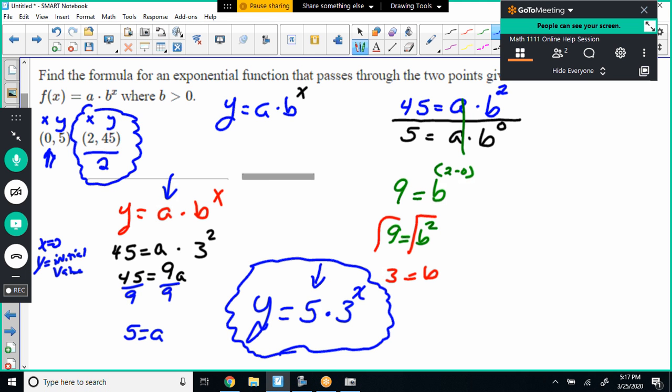Look what we got. If your x is 0, that means you're sitting on the y-axis. That's your initial amount at time 0. So once I found my b, I could have said, hey, x is 0, y is 5, so it's 5 times 3 raised to the x, right? But I wanted to take that opportunity to give you a chance to solve for a.